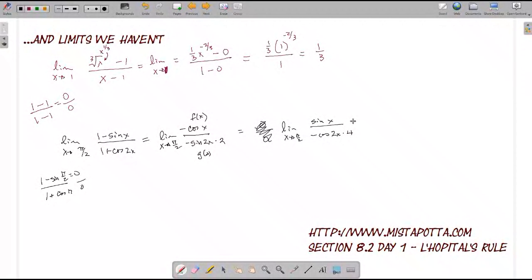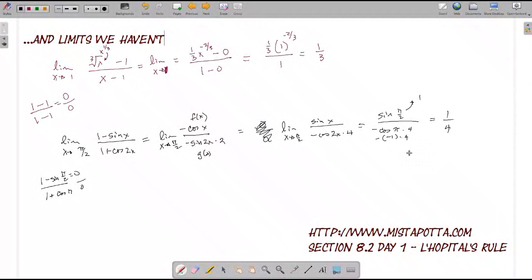And in looking at this, when I try and substitute now, sine of pi over 2 tends to 1, but cosine of pi is going to be negative 1, which I'm multiplying by a negative, and then multiplying by 4. So I end up with 1/4.